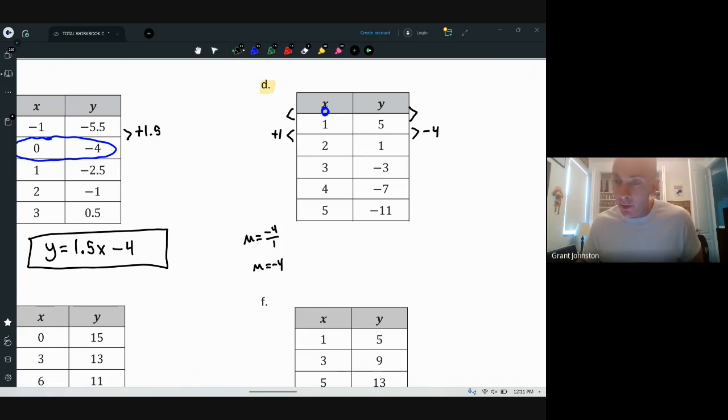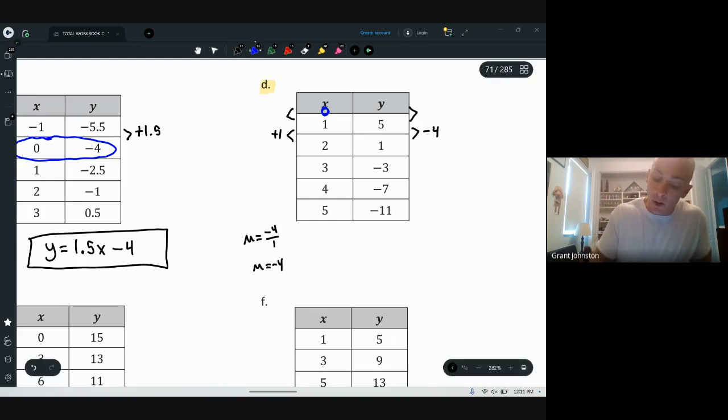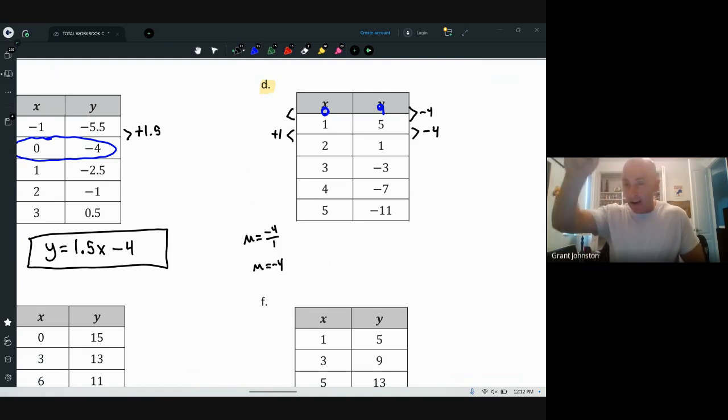Well, we see it's going by 4s, right? So I need a number that if I take away 4, I'm going to get to 5. Well, that would be 9. Because that would show the pattern going down 4. So when I'm going back up, I would have to go plus 4 from the 5. So the y-intercept's 9.